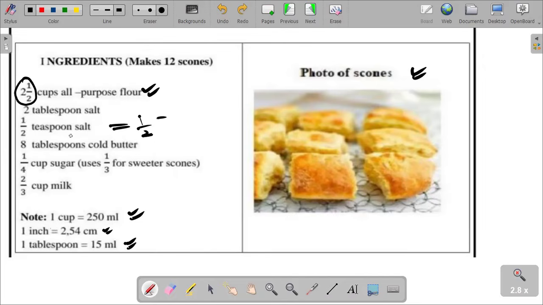What about if there are 48? Half plus half is 24, which is equal to 1. If there are 48, it gives us 2 teaspoons. 2 teaspoons give us 48 scones.